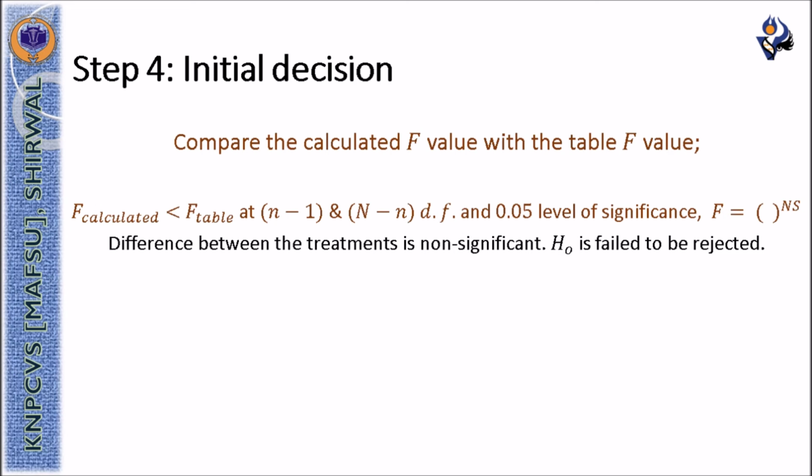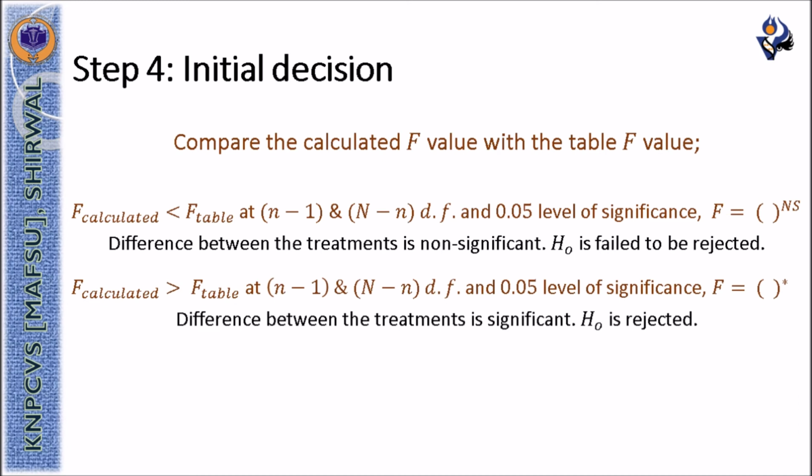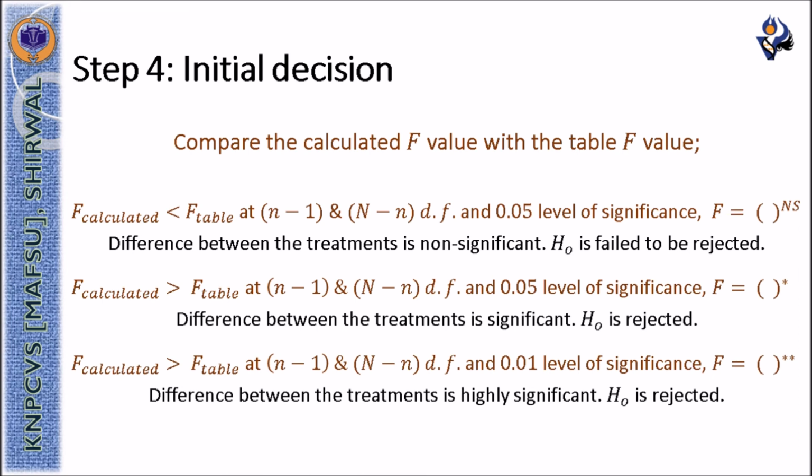If calculated F value is less than the table F value, the differences between the treatments are said to be non-significant and therefore null hypothesis is failed to be rejected. Whereas if the calculated F value is greater than the table F value, then the differences between the treatments are said to be significant and therefore null hypothesis will be rejected.